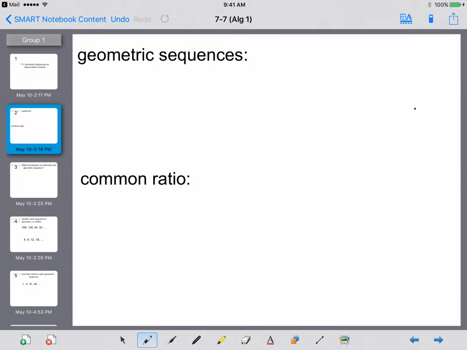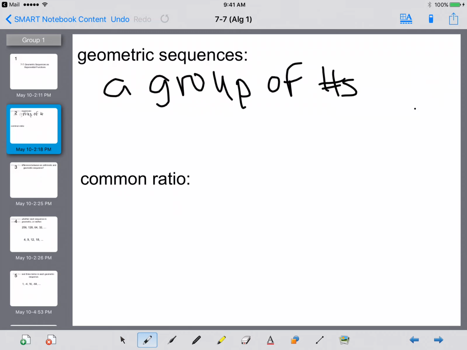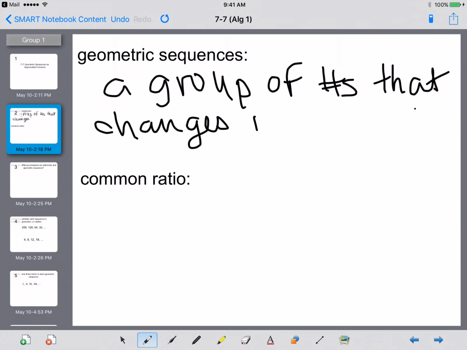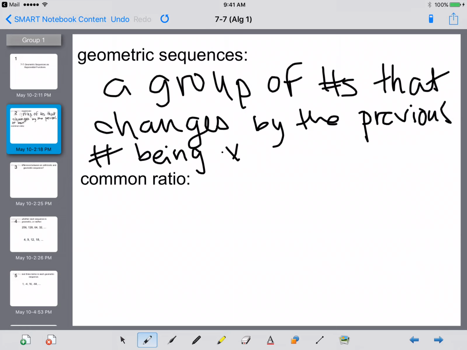So what a geometric sequence is, it's a group of numbers that changes by the previous number being multiplied by a number, basically, that is the same thing every single time.